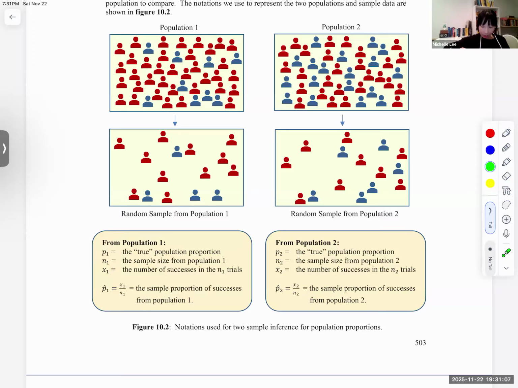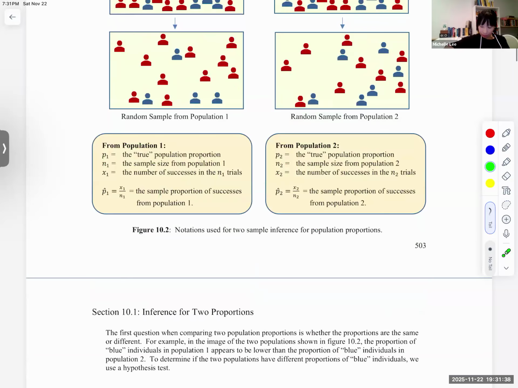And p hat sub 1 is x sub 1 over n sub 1, right? Population two is the same as everything from population one: p sub 2, n sub 2, x sub 2, p hat sub 2, right?